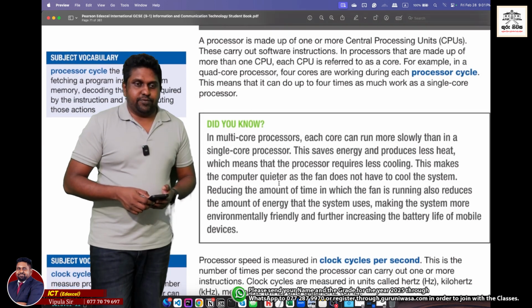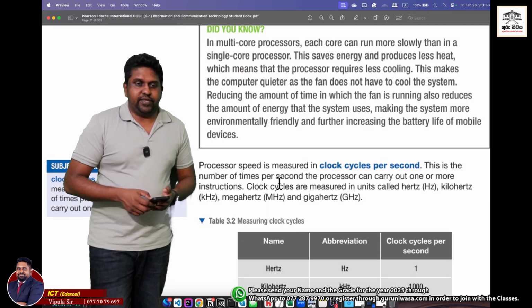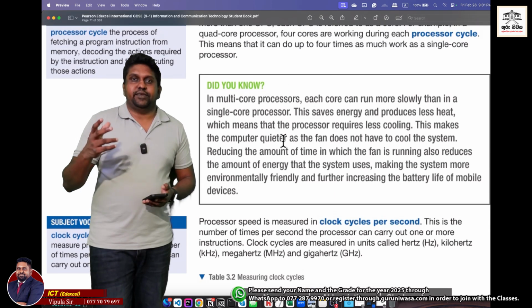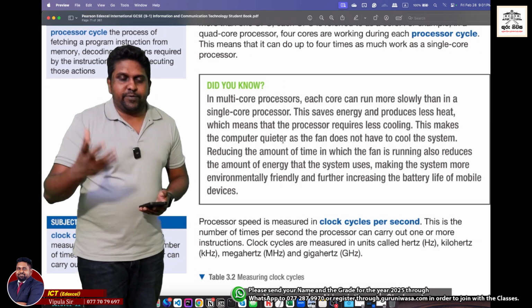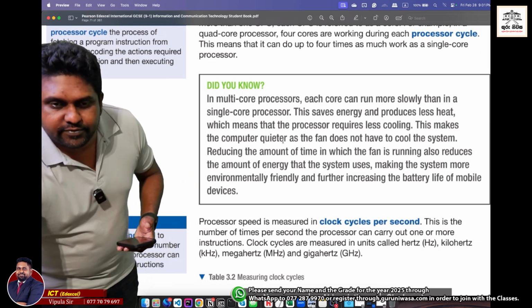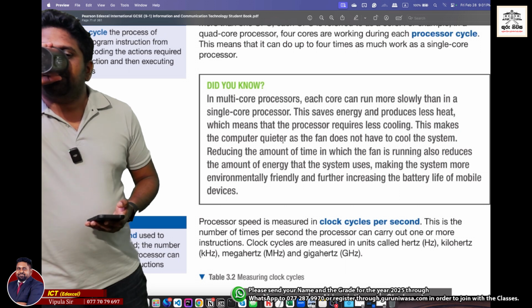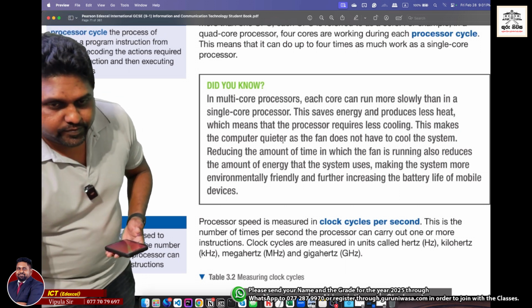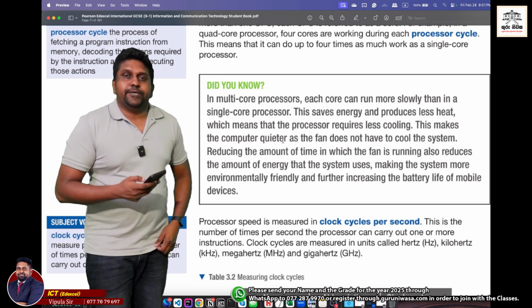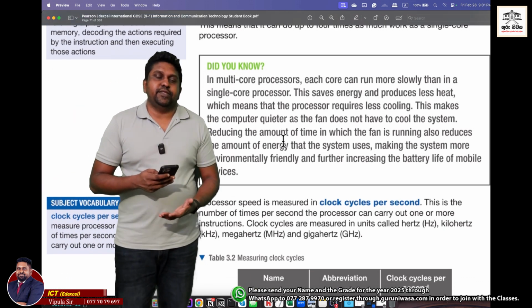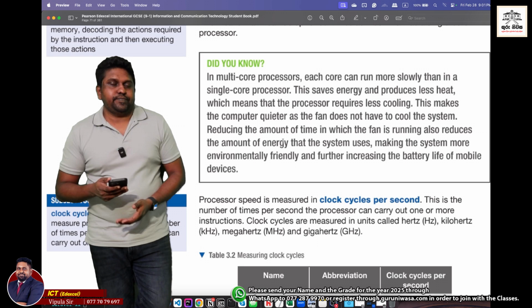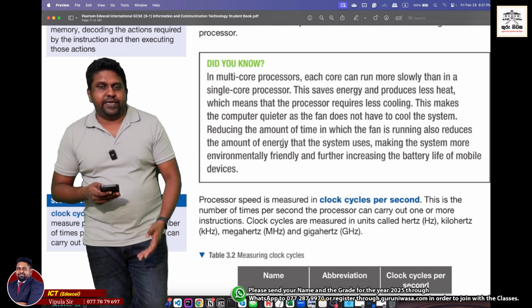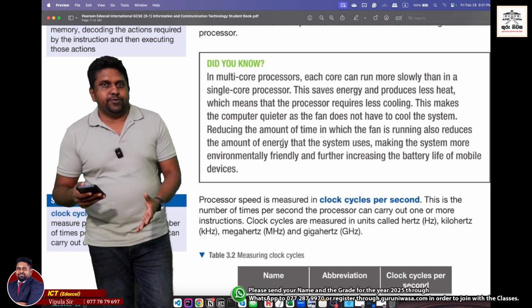So we got this concept of processors with multiple cores. Sometime back, we just had CPUs, and that was it.